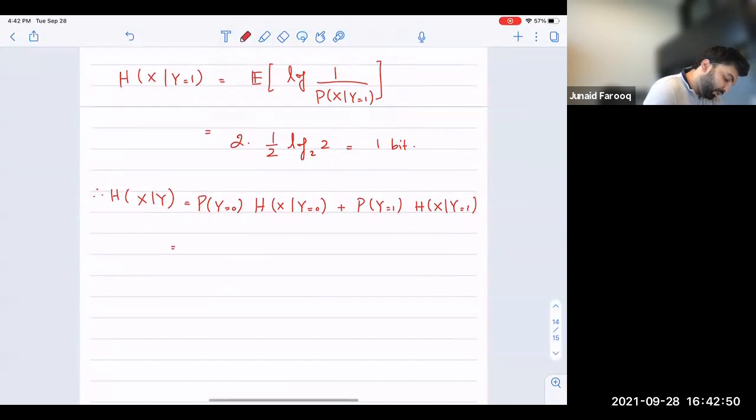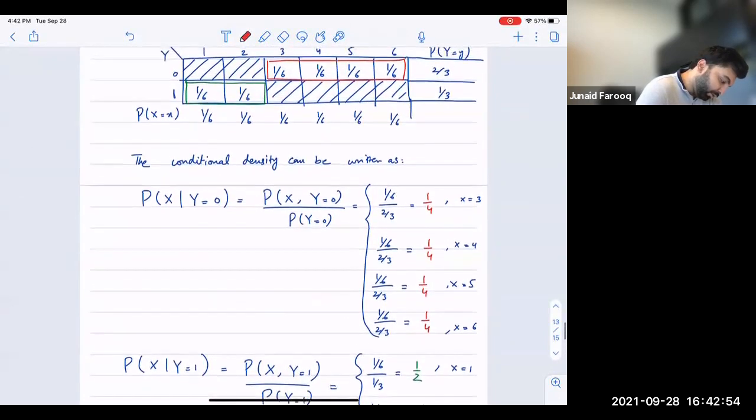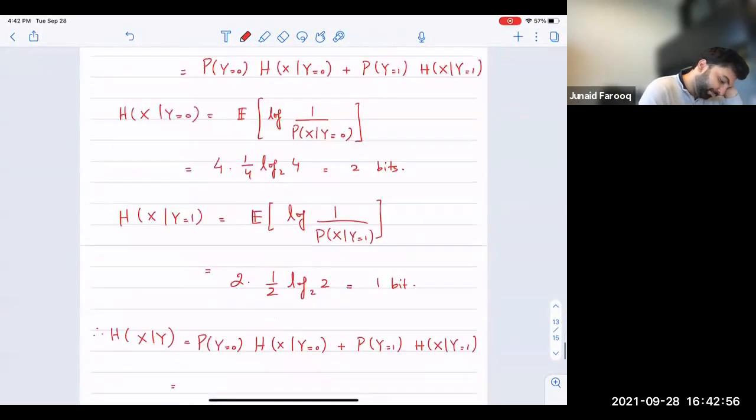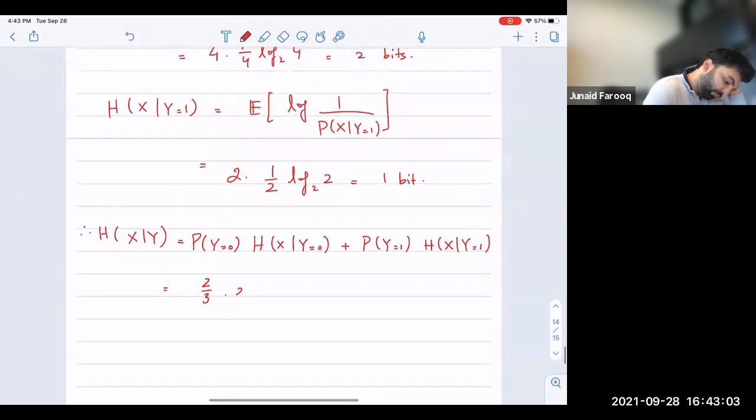So this will be weighted by probability of y equals 0, which is 2/3, plus 1/3 times 1.